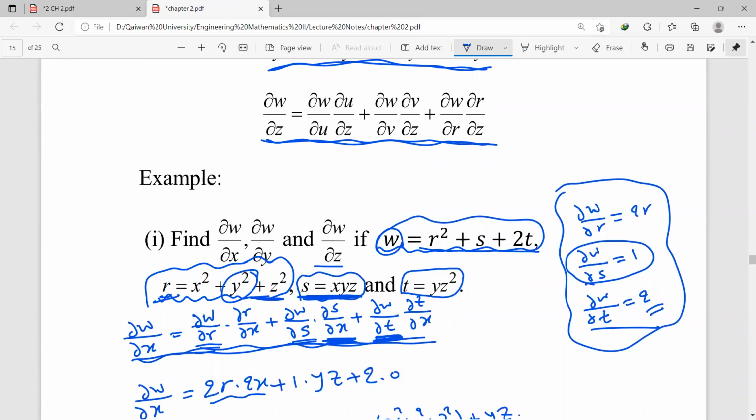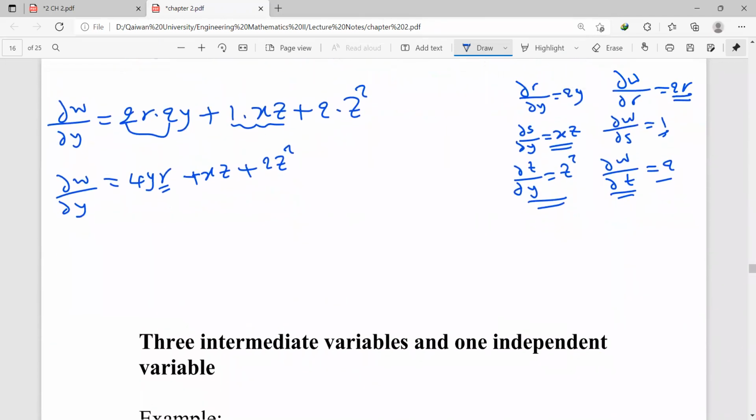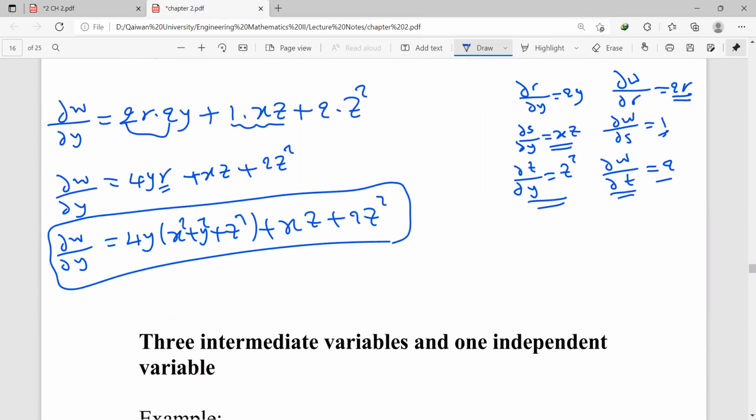So you just replace r by x squared plus y squared plus z squared, and we get partial w by partial y equals 4y(x squared plus y squared plus z squared) plus xz plus 2z squared. This is partial w by partial y.